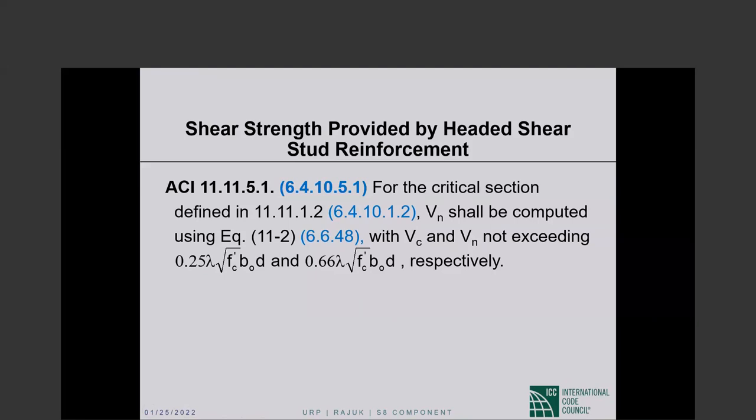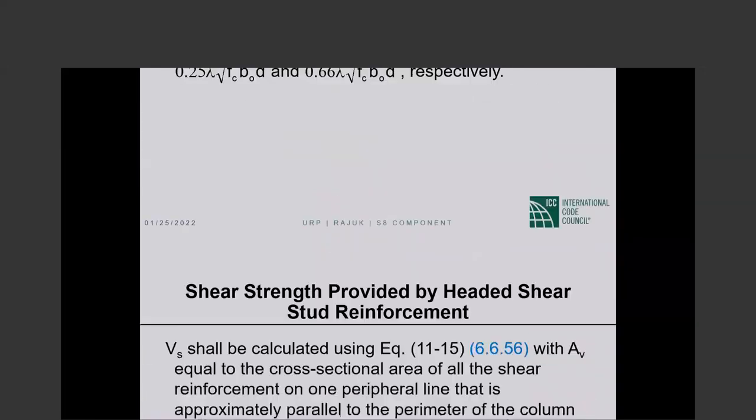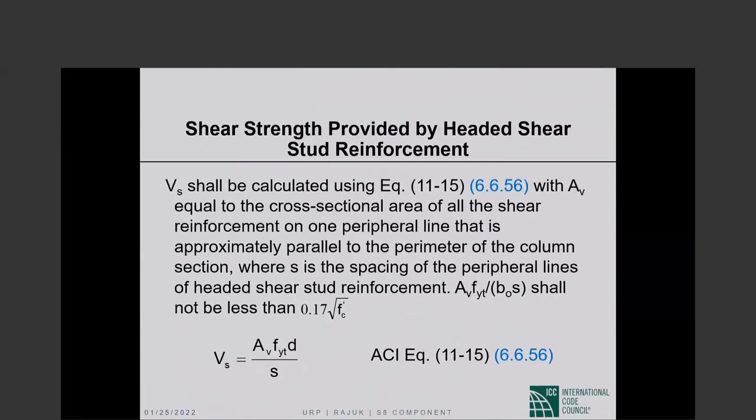This is a huge advantage of the headed stud reinforcement, in addition to the ease of placement and so forth. This is so much easier and cleaner than the stirrups and things that we used to use.